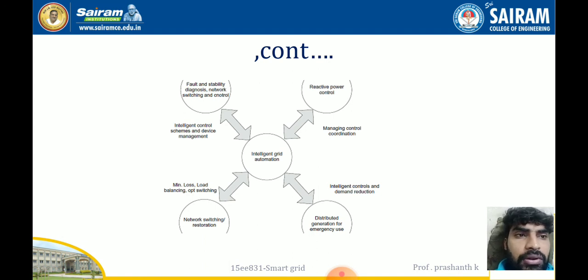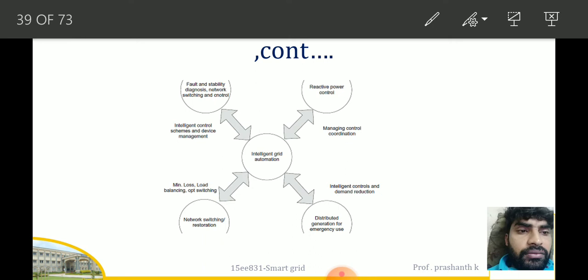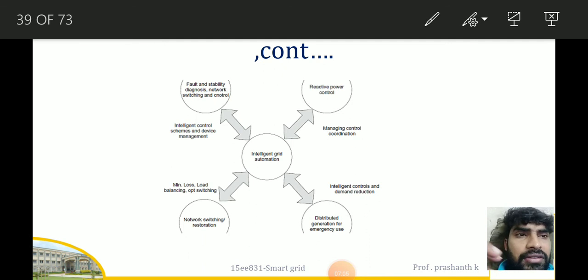So, reactive power control, managing the control coordination. It manages the reactive power and power flow, and controls reactive power usage, converting it to active power, because reactive power you cannot use, right? Only active power can be used in the power system components. So that also will be there. And fault and stability diagnosis, network switching and control.